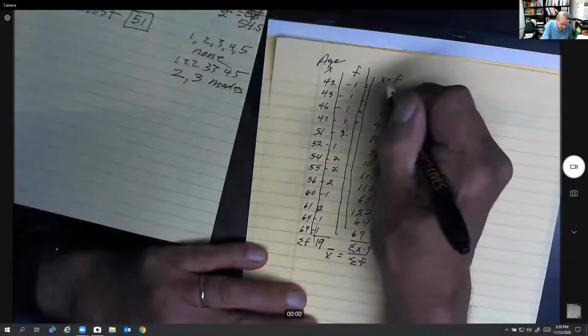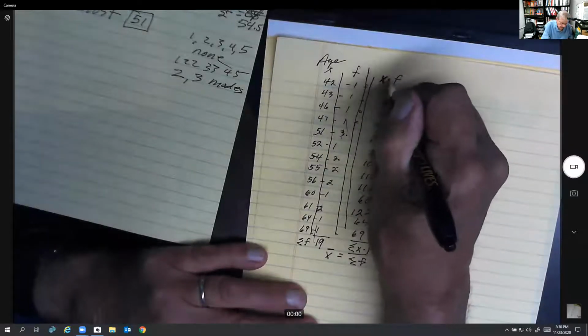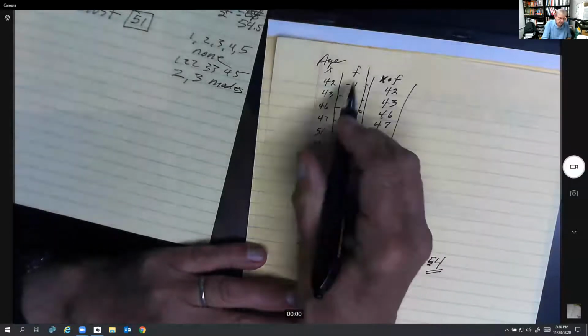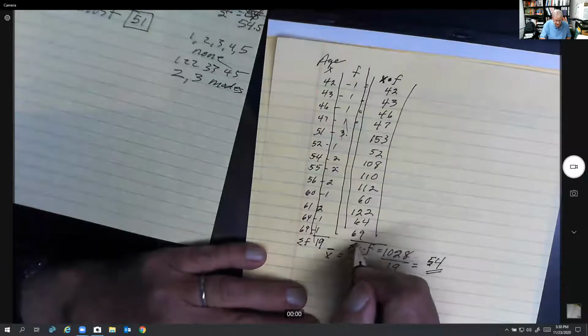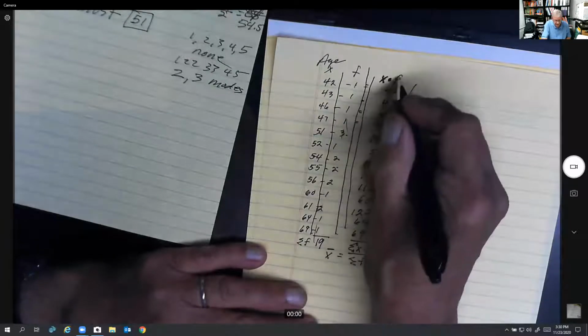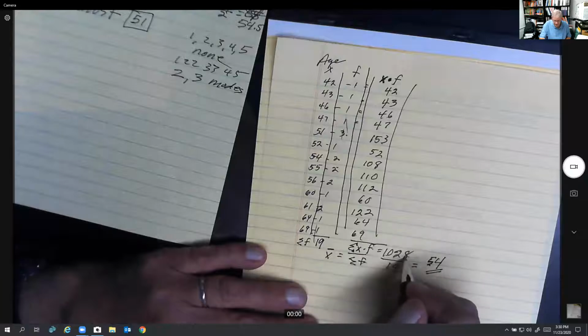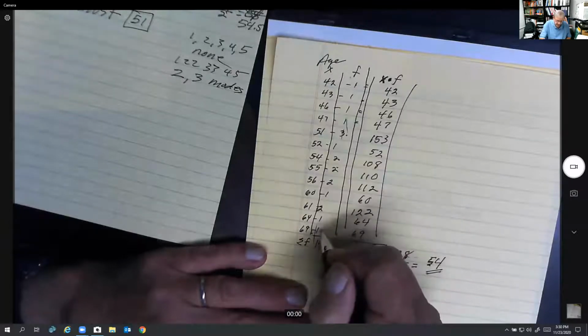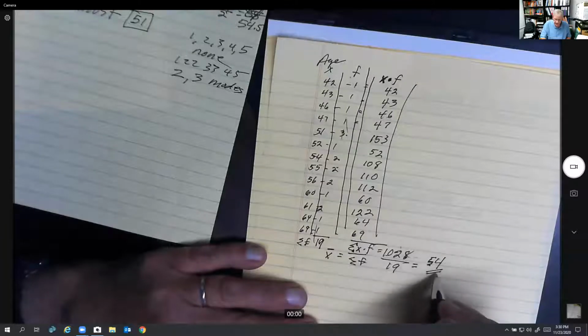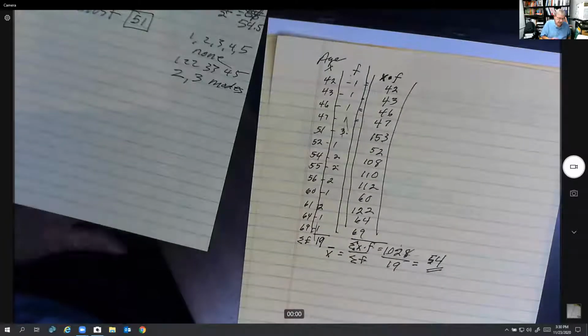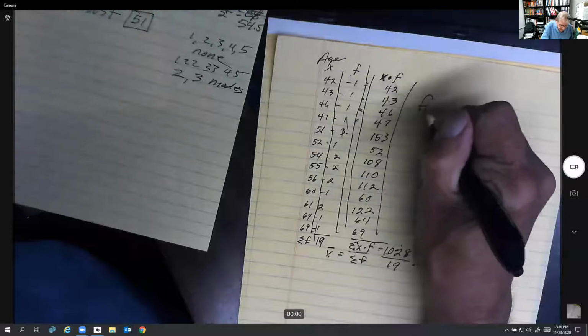And then we multiply those together, and that's what this is showing with a little times sign, that we're multiplying these two columns together. And then this sigma is saying we added all those, 1028, and we added all these frequencies, 19, and then we divided to get our results. So that's what we call a frequency table.